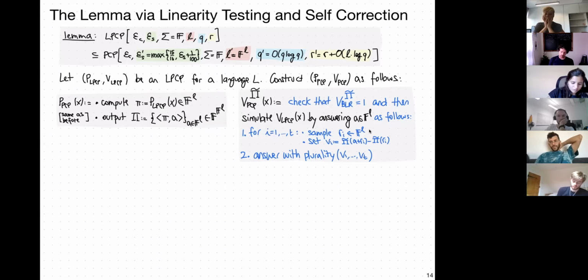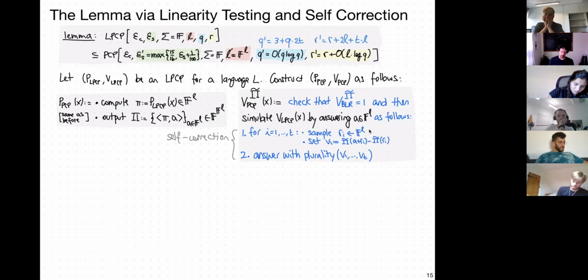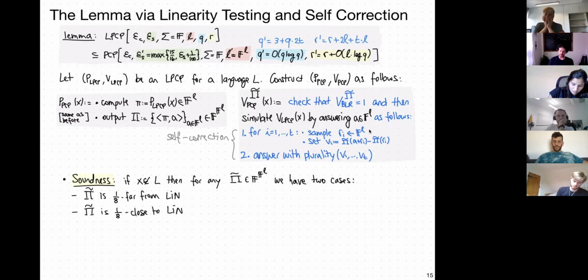And now, as for the soundness, we have it all written here, but essentially both completeness and soundness follow easily. Completeness follows because if everything is according to plan, then the linearity just follows, and the plurality vote would always give you what you'd expect.